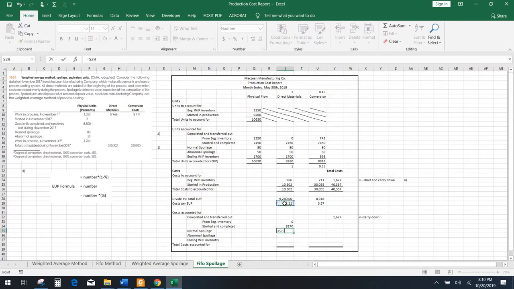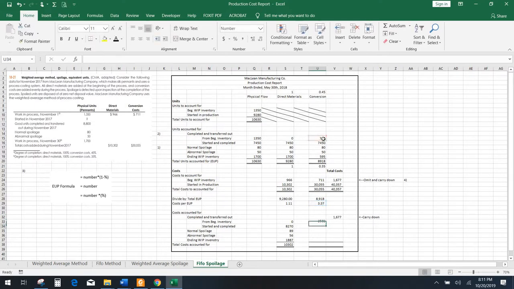This equals cost per EUP multiplied by normal spoilage. This equals cost per EUP multiplied by abnormal spoilage. And this equals cost per EUP multiplied by ending work in process. And that equals the sum there.